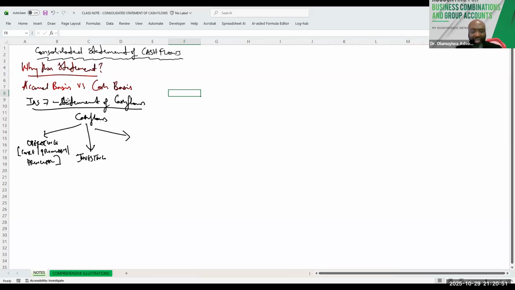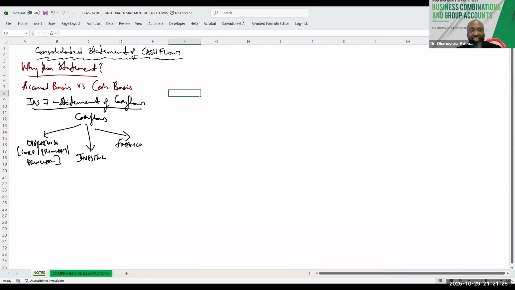Therefore, every activity that borders on how we get finances for an entity in order to execute its projects, be it in working capital, which is the operation, be it investing capital, which is the assets to support the operation, will fall under what we call financing activity.